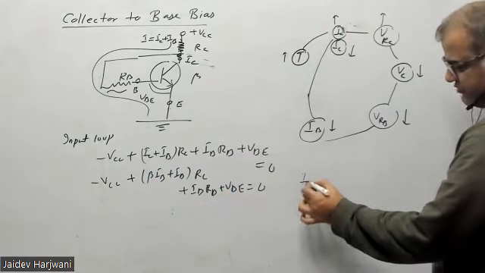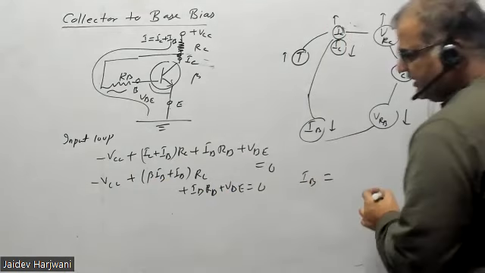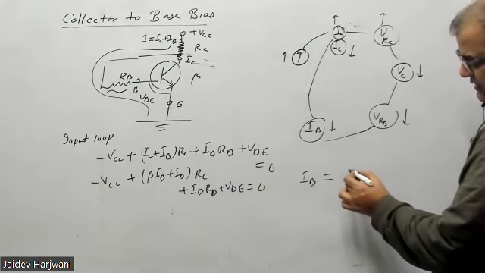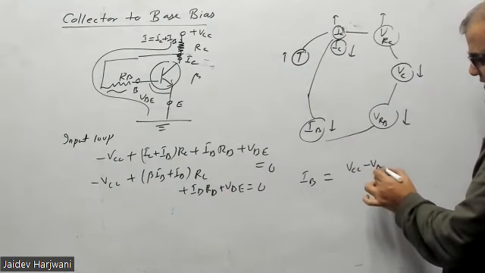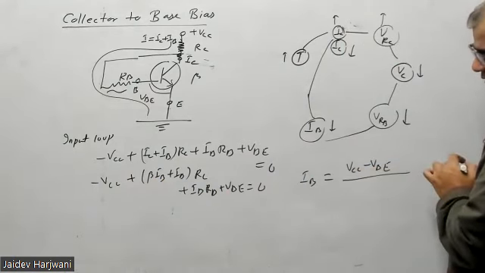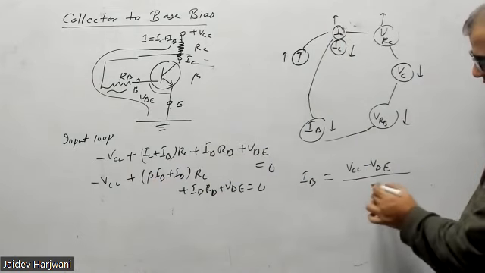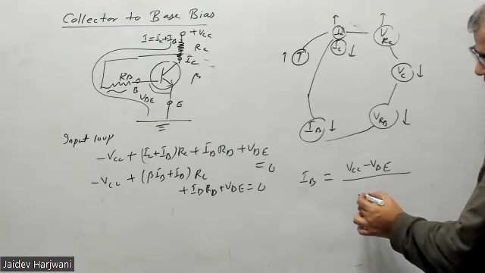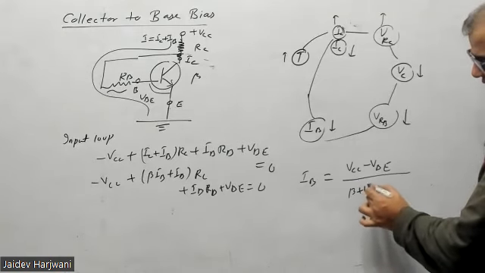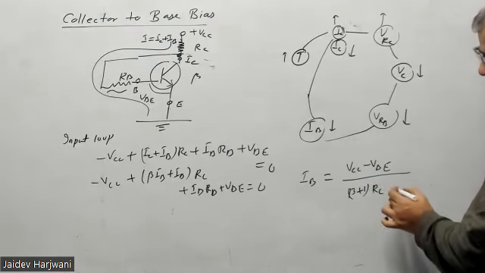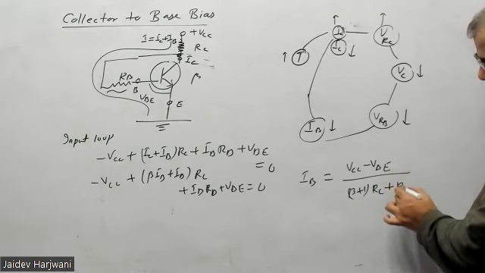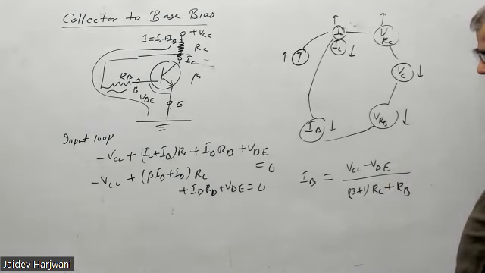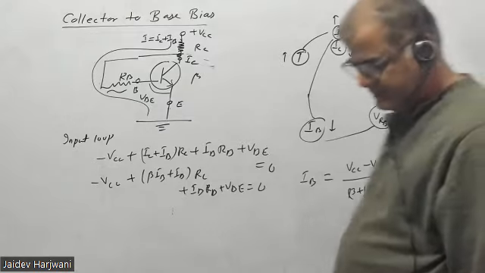And if I solve this for IB, I'll get beta VCC minus VBE, upon, tell me what will come, IB common. So beta plus 1 RC, and then RB, this is equal to IB. Tell me yes or no.